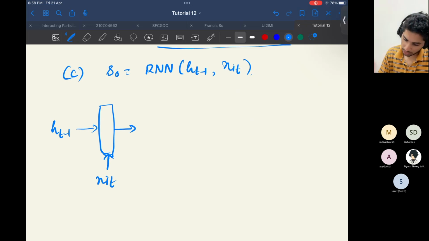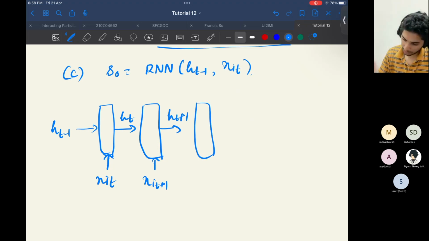You are using that to create some H T, and then giving this again, with X i T plus 1, to give H T plus 1, and something like this. So this does look like an RNN model.